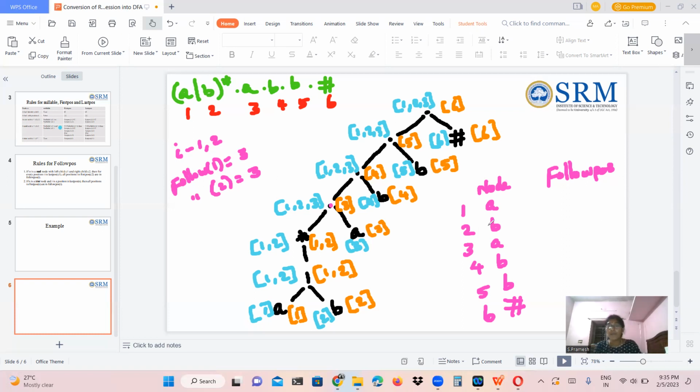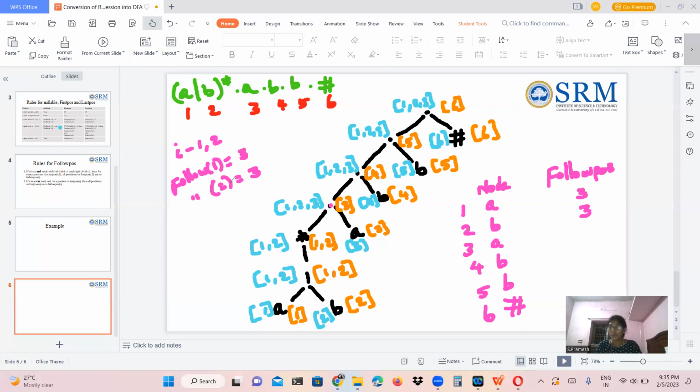So very simple. Where 1 is there, you can write 3 here, and where 2 is there, you can write 3 here. So the I value for the concatenation is the last position of the left child, 1 comma 2.